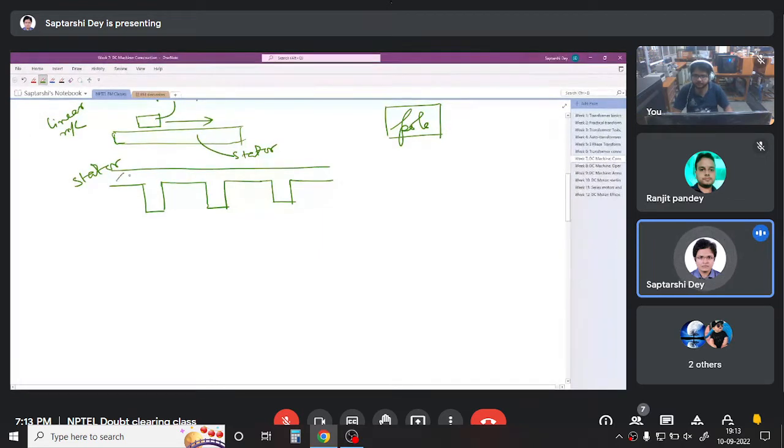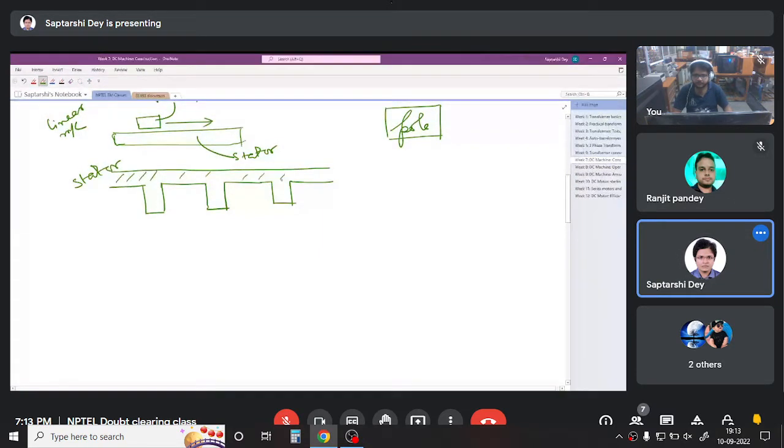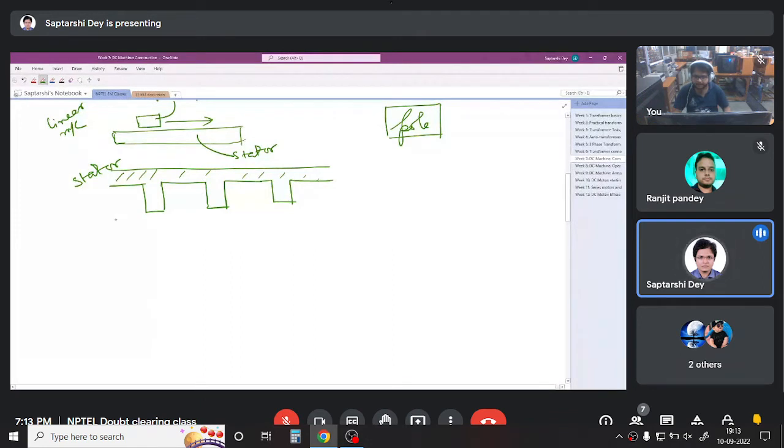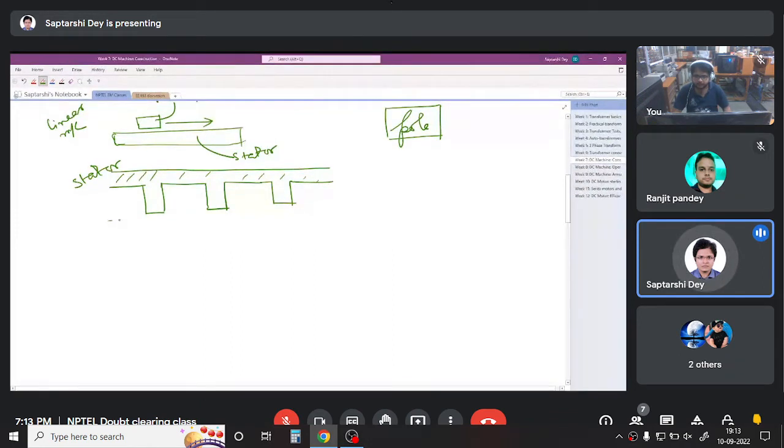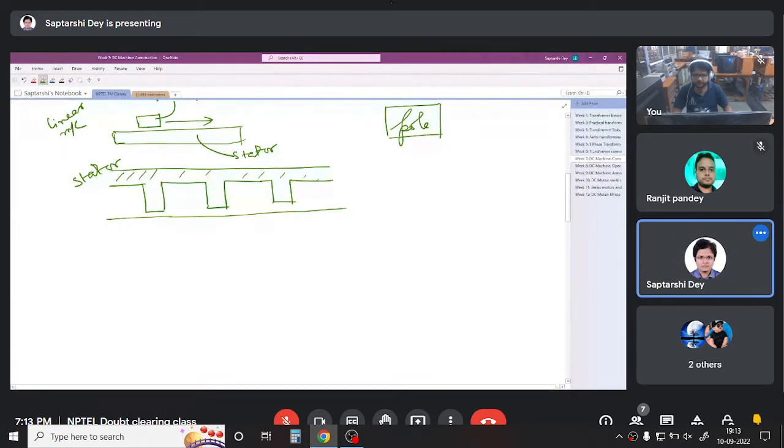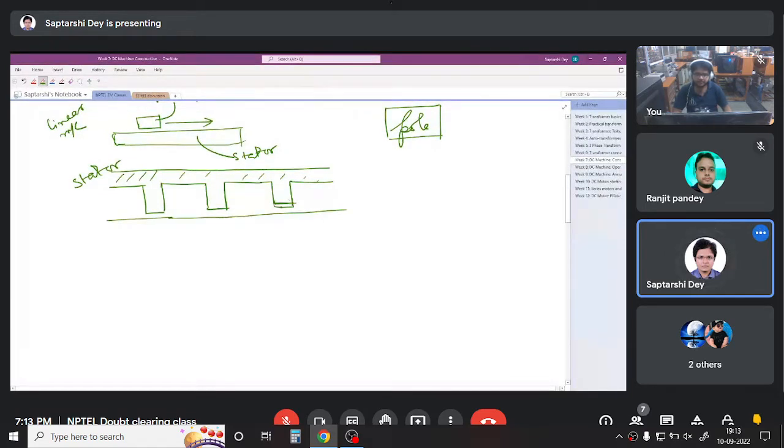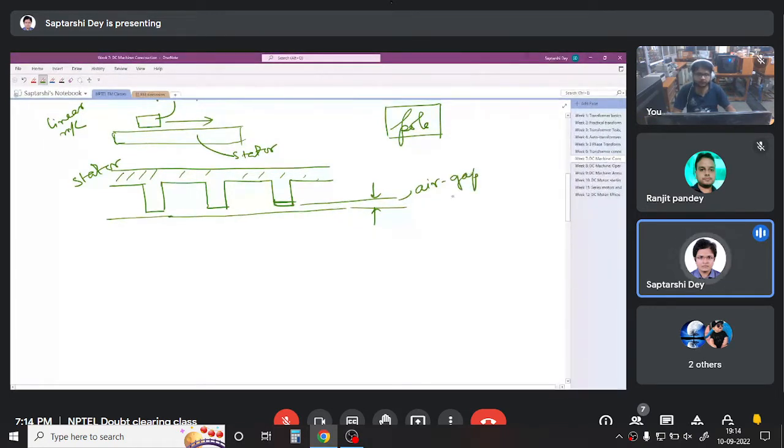This is the back iron. And this is the rotor. I am drawing it as a sheet since the poles are not properly visible like that. So the gap between the stator and the rotor is called the air gap. This is always called the air gap.